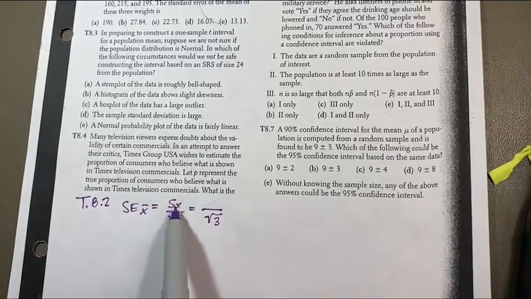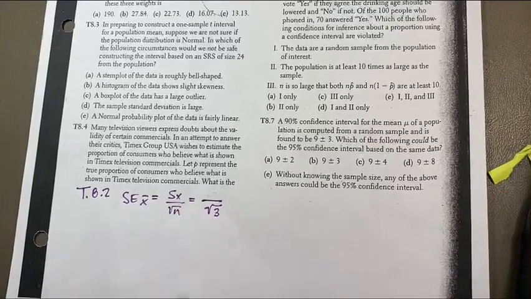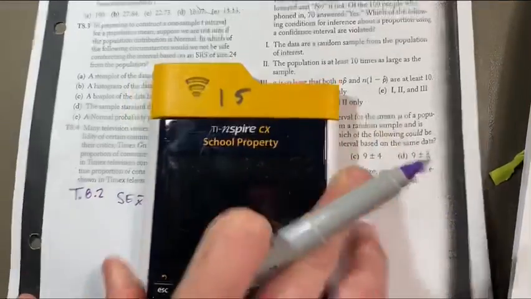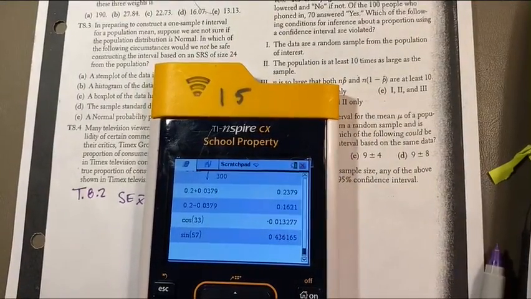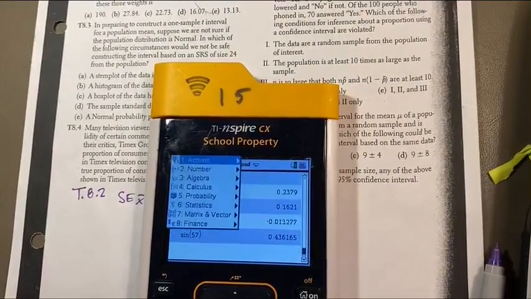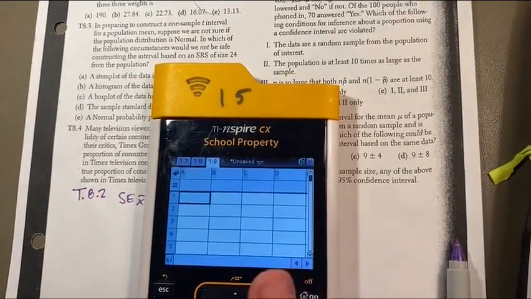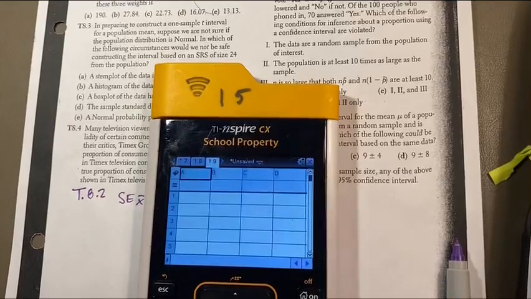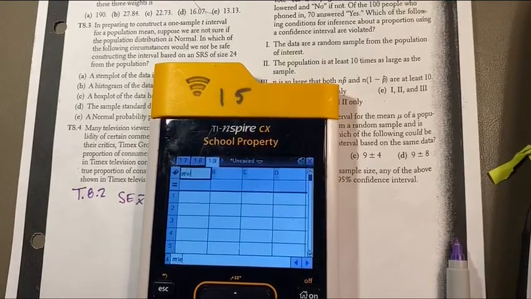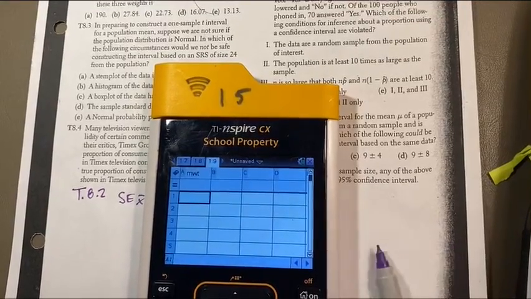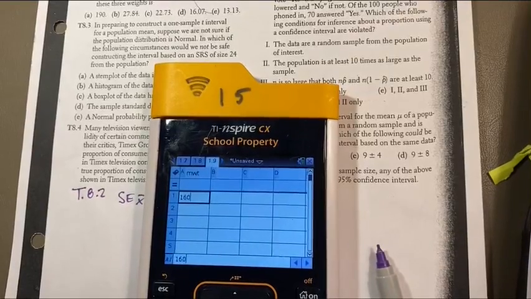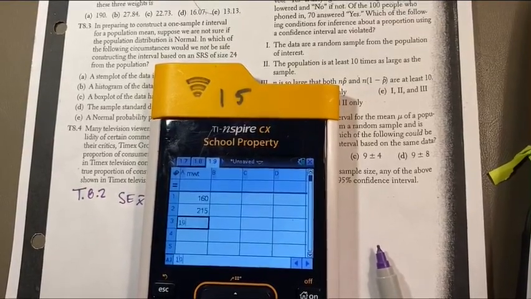So what's the standard deviation? You can calculate this by hand, but I suggest not. I suggest learning how to do it in this calculator. I'm going to call the list MWT, for male weight. I have 3 male weights to enter: 160, 215, 195.